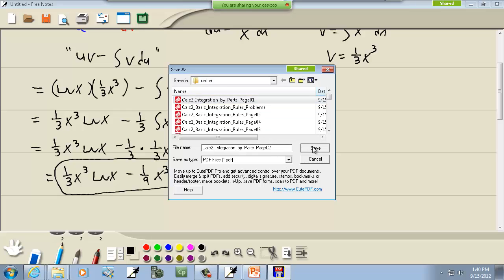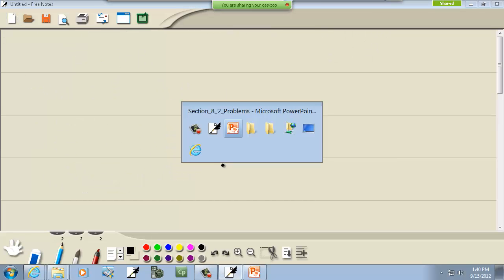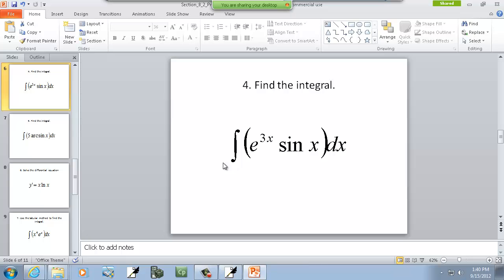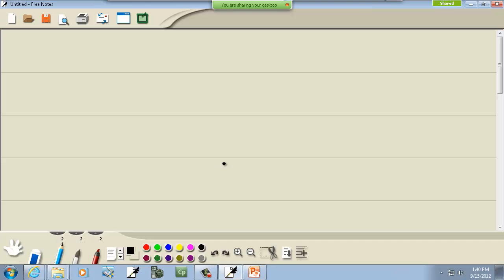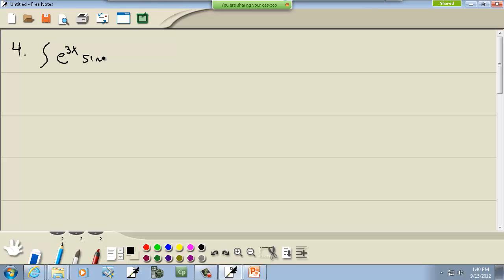There we go. e to the 3x sine x dx. Now we're going to rewrite that.